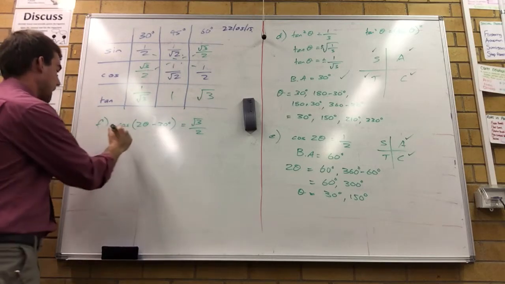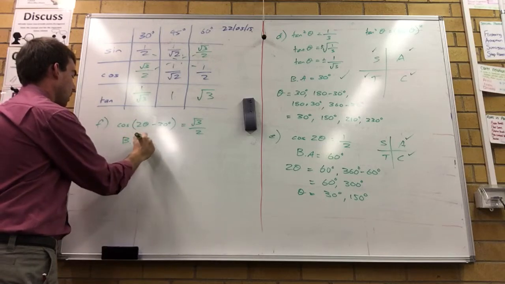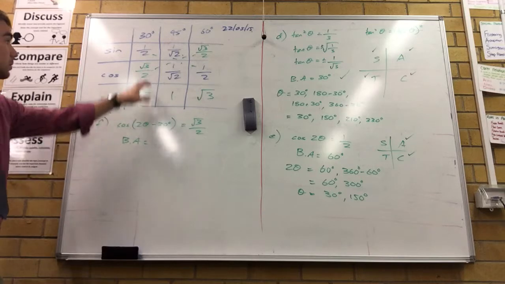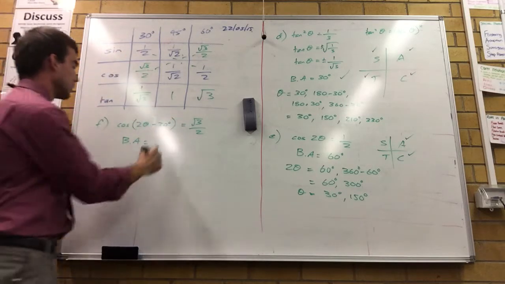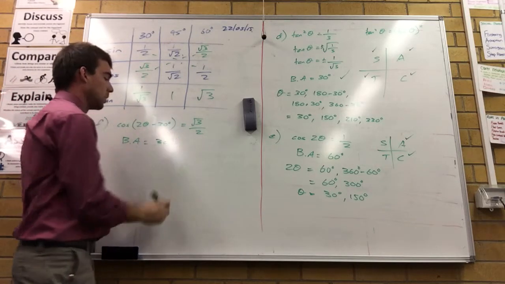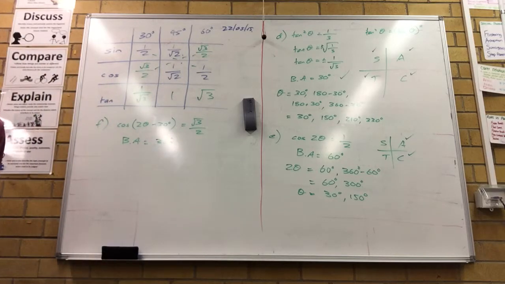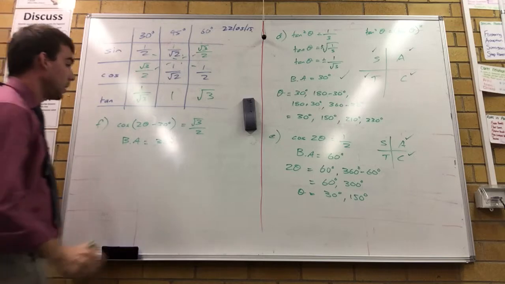What is that basic angle that makes that equation true? Cos of 30 is root 3 on 2. That's our basic angle. Basic angle means an angle in the first quadrant, between 0 and 90.